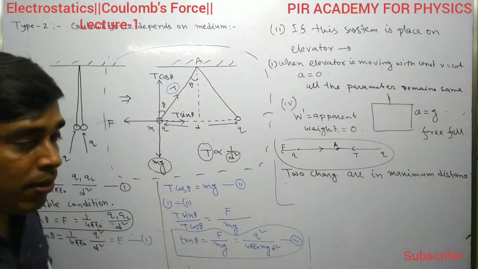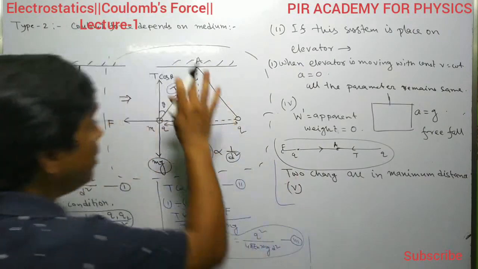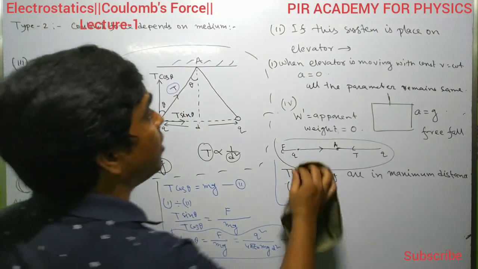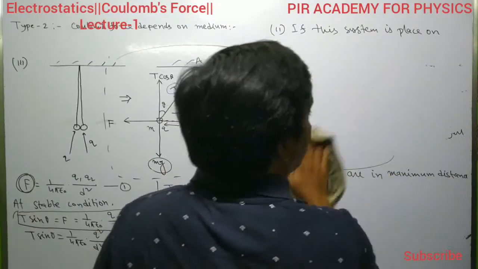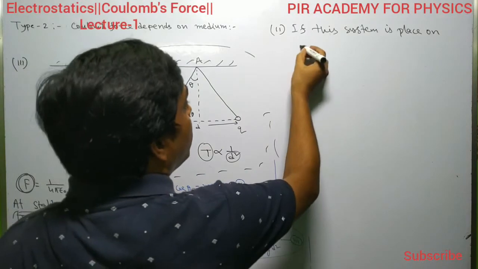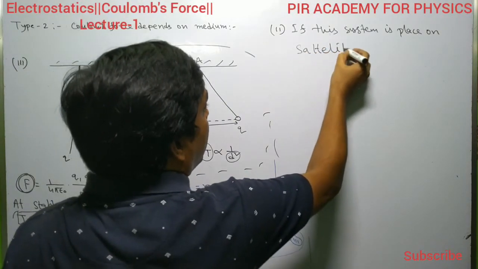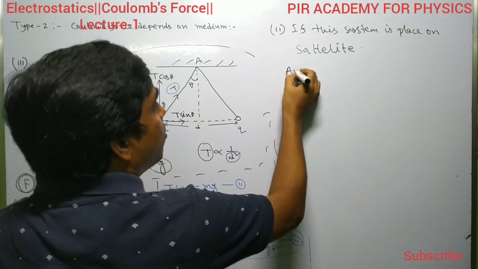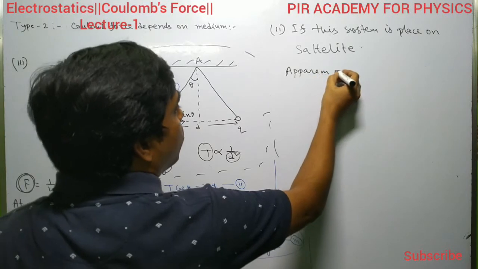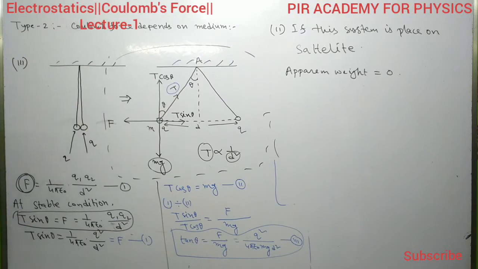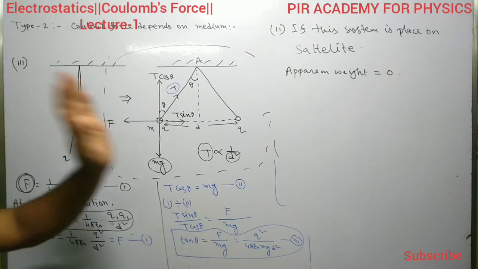Another, number 5. Suppose the system is placed on a satellite, then what happens? In a satellite, the apparent mass is 0, apparent weight is 0. You have already learned in class 11 that on a satellite the apparent weight will be 0.